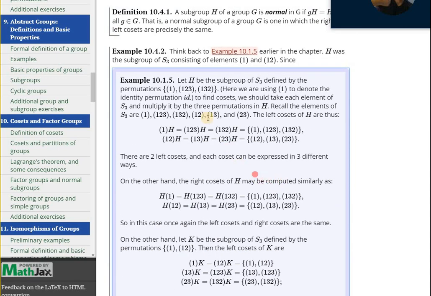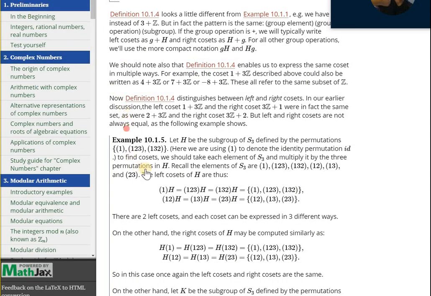So I flipped to this case here where H is the subgroup of S3. And if you remember, S3 is not abelian, because the flips don't commute with the rotations. And here's a subgroup, this subgroup here.